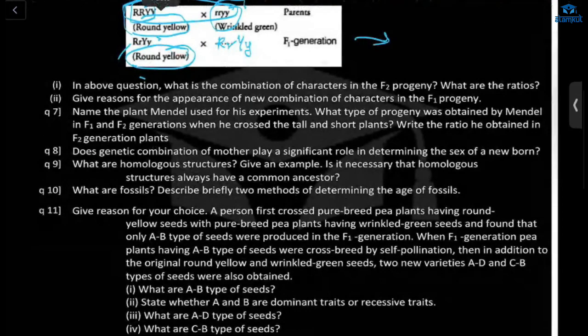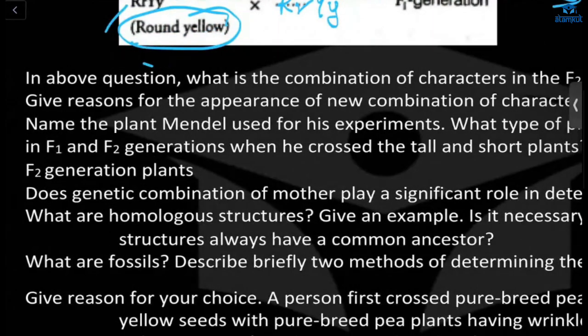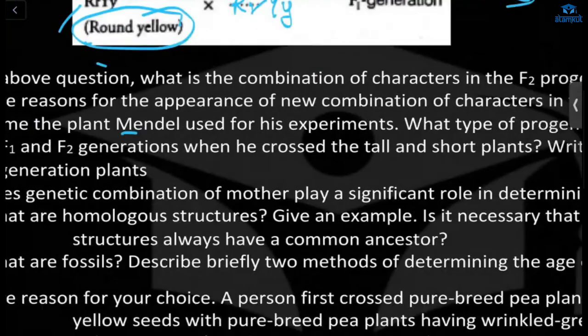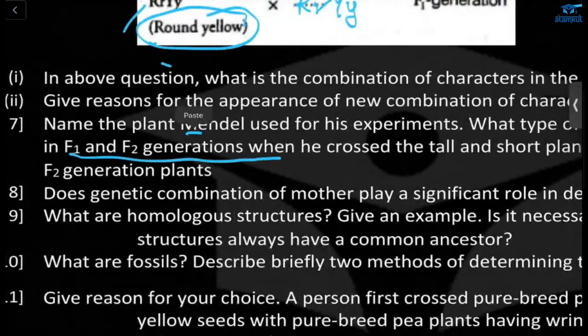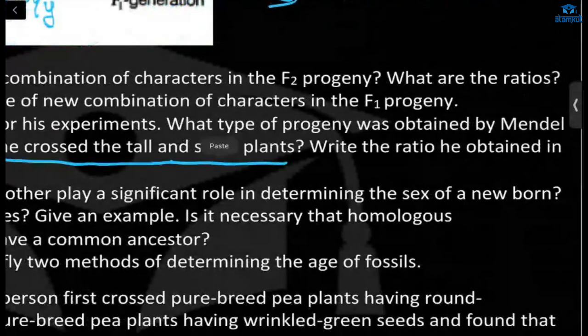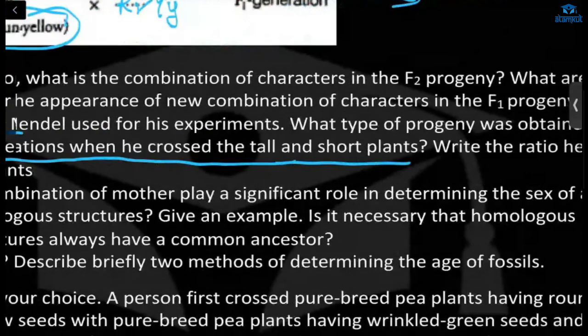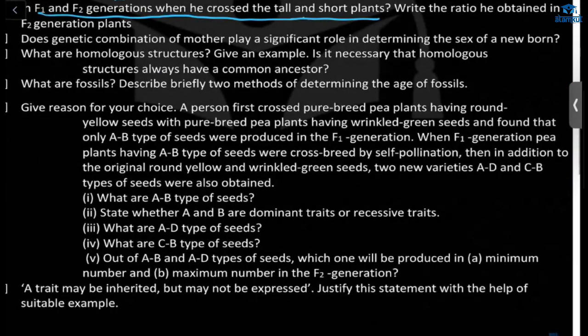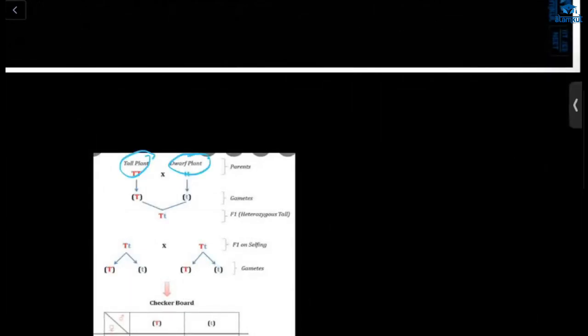Next question, 7th one. Name the plant Mendel used for his experiment. What type of progeny was obtained by Mendel in F1 and F2 generation when he crossed tall and short plants? Write the ratio he obtained in F2. Here, what plant did he use? Pea plant. Crossed tall and short plants. What did he get?